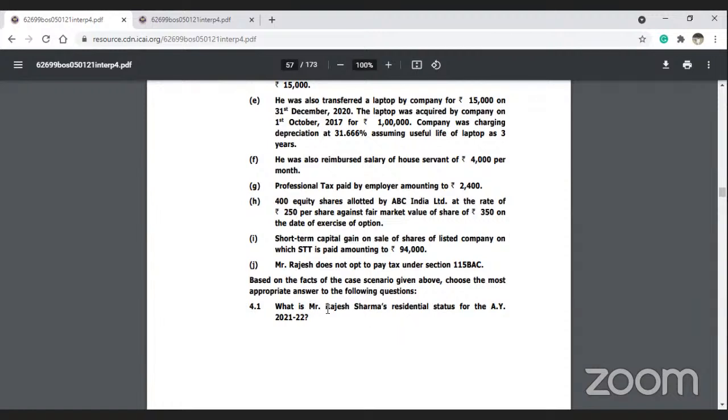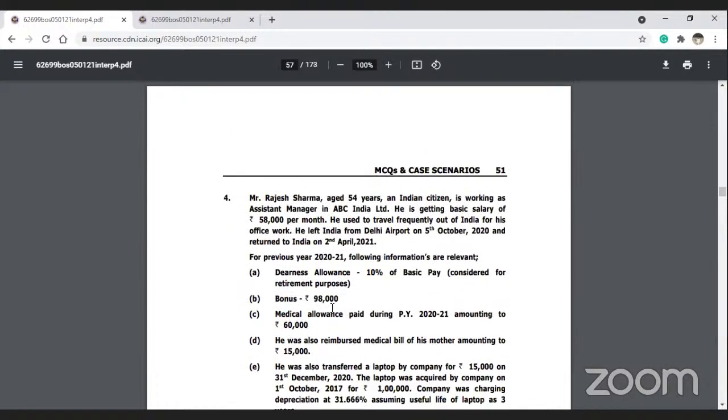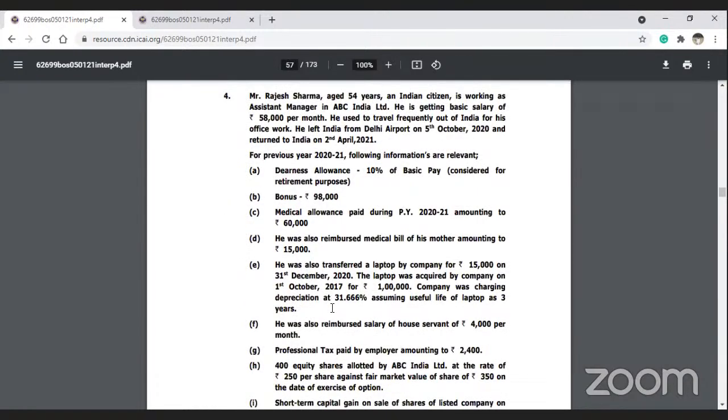What is Mr. Rajesh Sharma's residential status for AY 21-22? It's a big question. He used to travel frequently out of India for his office work, and he left India from Delhi airport on 5th October and returned on 2nd April 2021.